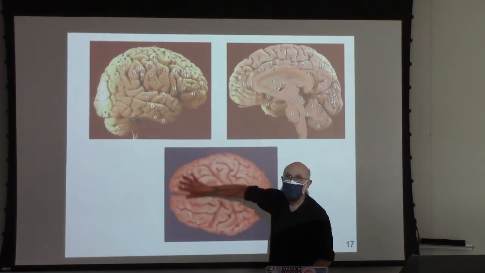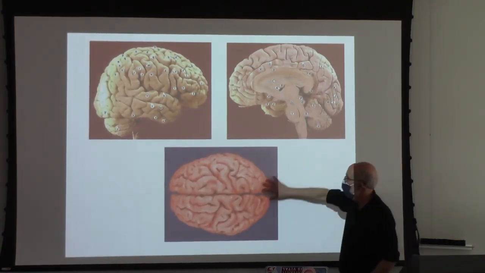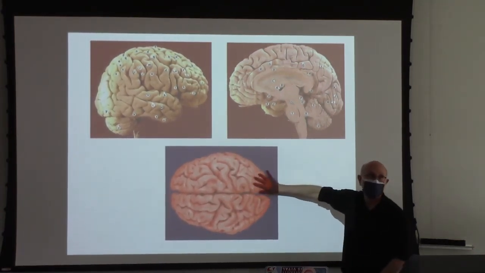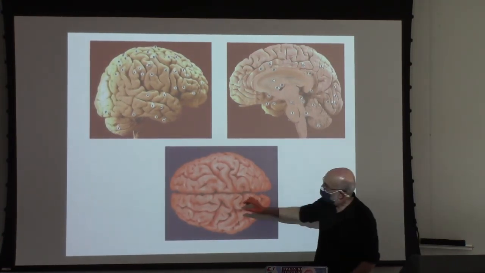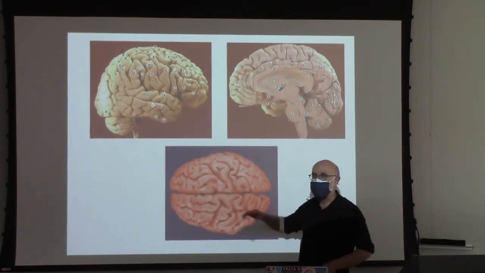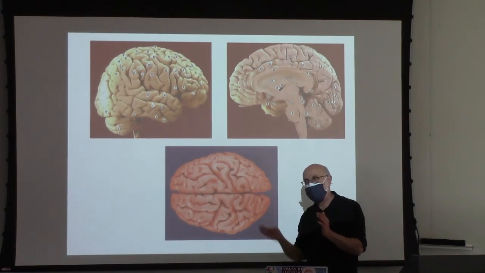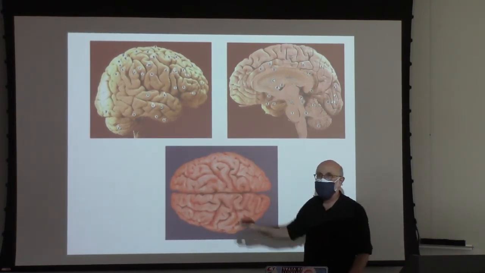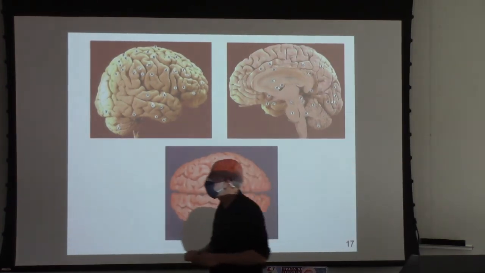Frontal lobe, parietal lobe, occipital lobe. The generic name for this lump of tissue, remember the brain is all folded, so we've got outfolds and infolds, right? These outfolds, one of them is called a gyrus.